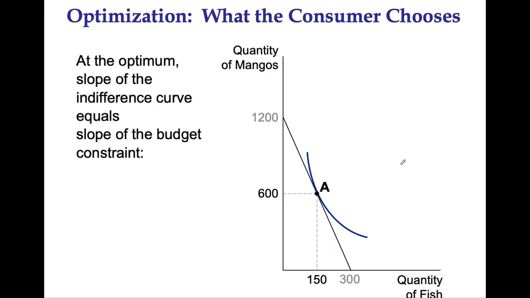At the optimum, the slope of the indifference curve equals the slope of the budget constraint. Mathematically, we have two curves, each one tangent to the other at the point A, so at the point A they must have the same slopes. The slope of the indifference curve is the MRS, and the slope of the budget constraint is the price of fish over the price of mangoes.